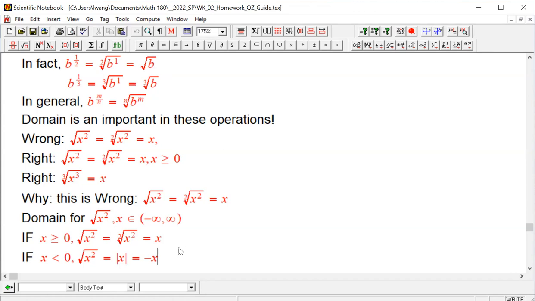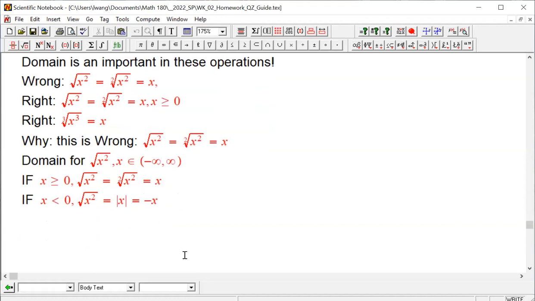There's another important result that we often use, right? We have touched base with both functions. We know that for any real number X, the square root of x squared equals the absolute value of X, right?